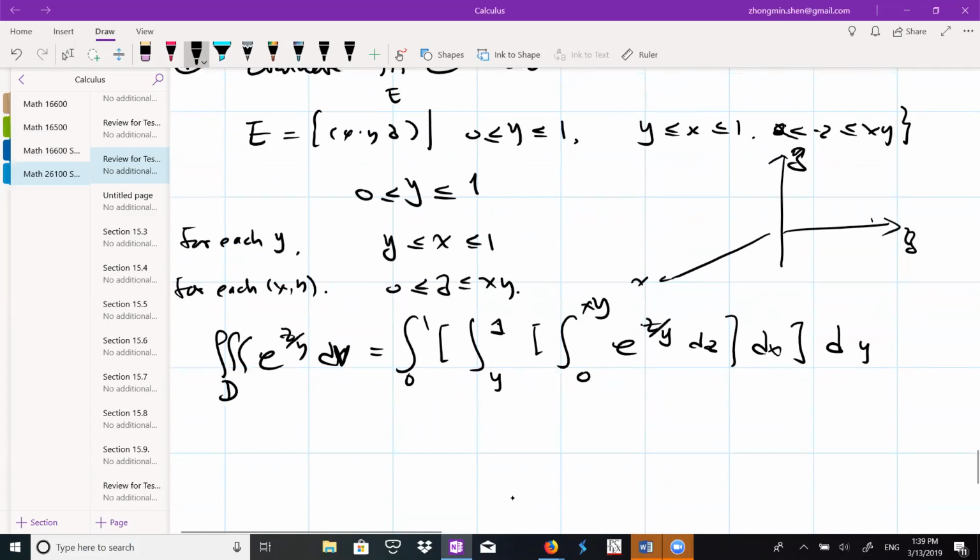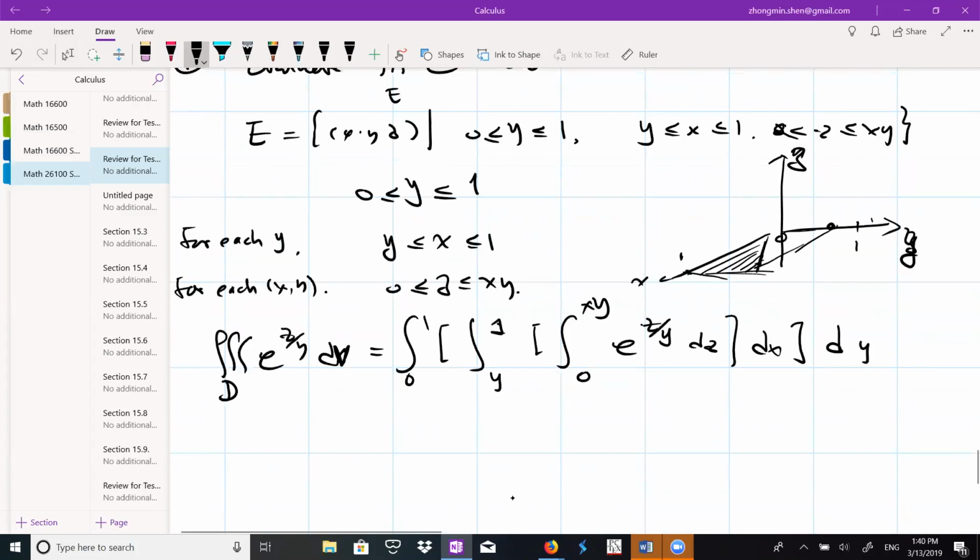For each y between 0 and 1, x is going to be between y and 1. x equals 1 is here, and x equals y. So for each y, I get this region.